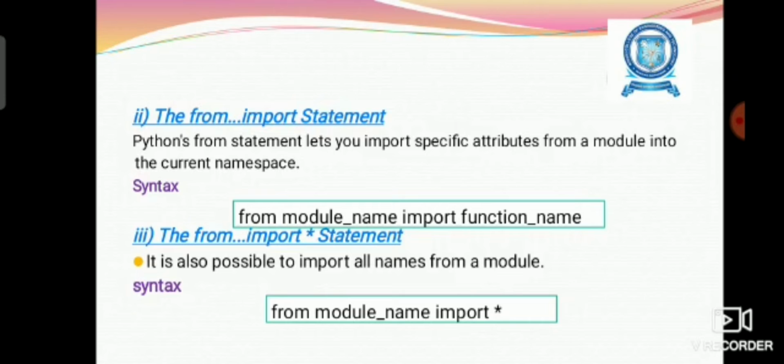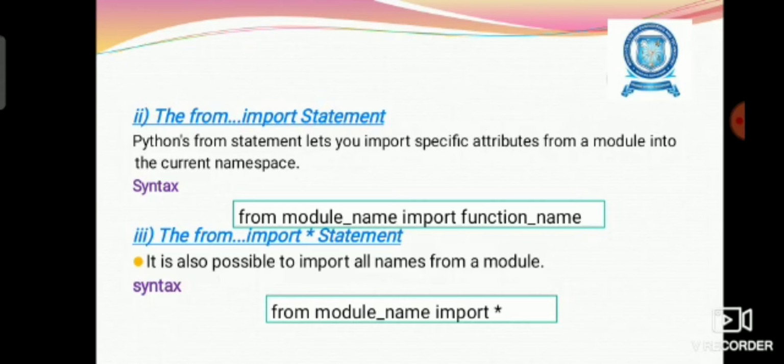Okay, so here the necessity of using the from statement is, if you don't want all the functions from one particular module, we can specify the particular function name that we want to include by using the from statement.